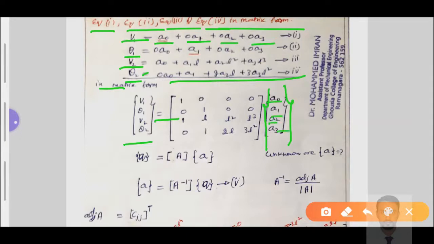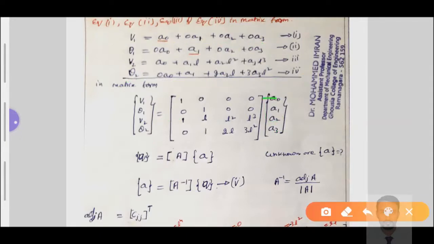The first row, from equation number 1, has a0 coefficient 1, and a1, a2, a3 coefficients 0, there are no other values. Similarly, for theta 1, the second row has a0 coefficient 0, a1 coefficient 1, a2 0, a3 0.